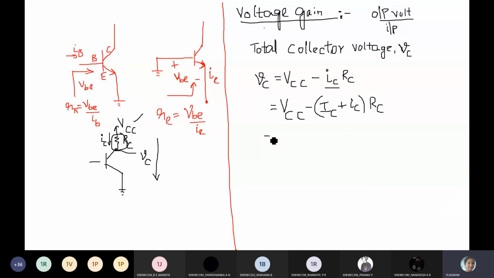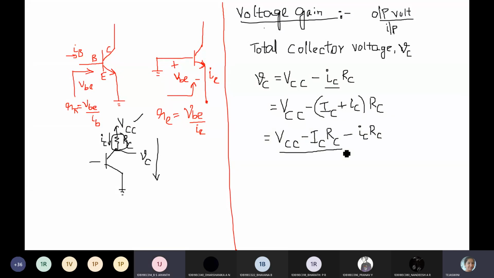So now if you simplify this, VCC, if I open up this bracket, minus capital IC into RC minus small IC into RC. Now tell me, what is VCC minus capital ICRC?